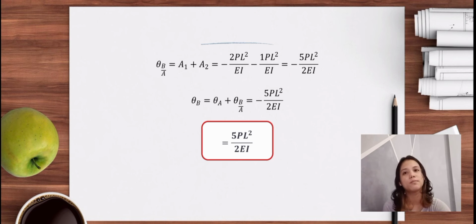And our slope B equals slope A, which is 0, plus slope B over A, which equals negative 5PL squared over 2EI. So our slope is equal to 5PL squared over 2EI.